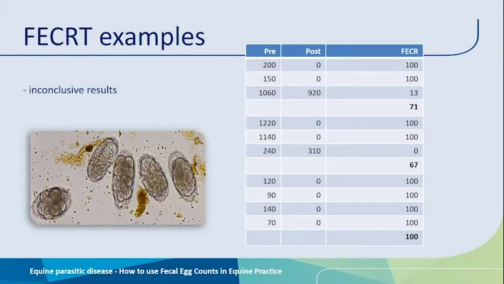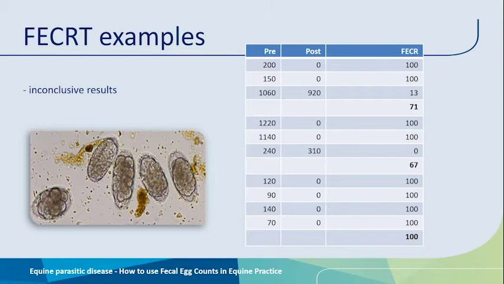So how can we interpret this? Was that third horse just not treated, or did it spit out the paste, or was something else wrong? Or did all three horses actually get adequately dosed, and then we just see apparently higher egg count reductions in those horses with low pre-treatment egg count?